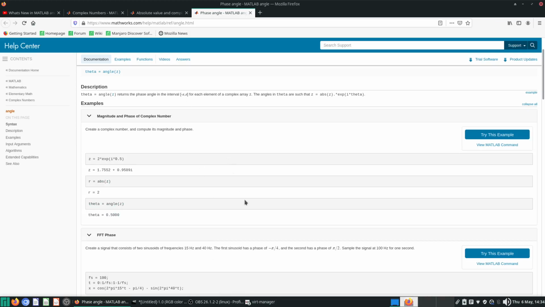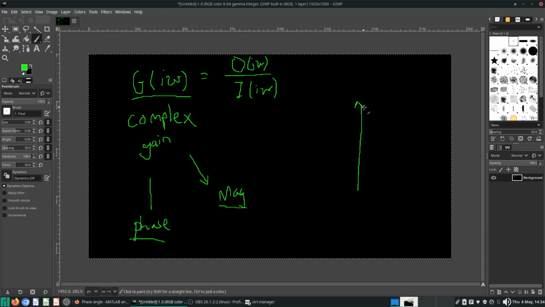The vertical axis is the imaginary, and the horizontal axis will be the real part of the complex number. So this is how you use angle, at least in MATLAB 2020 or 2021. For magnitude, you use ABS.